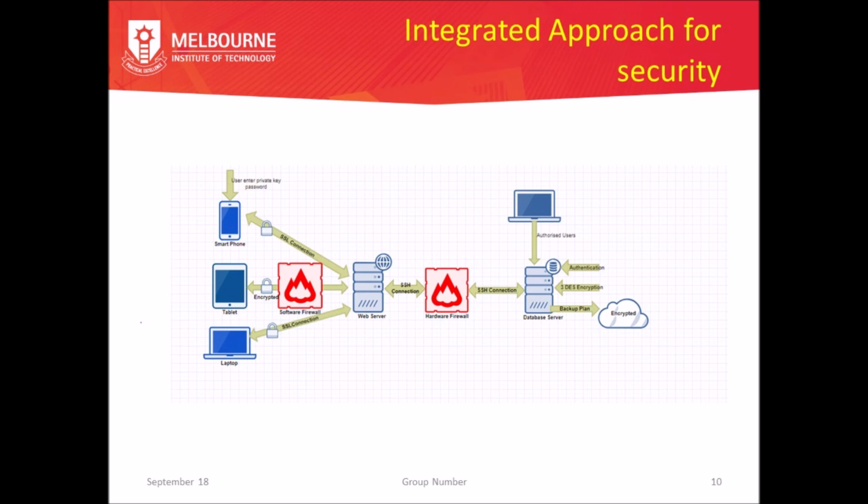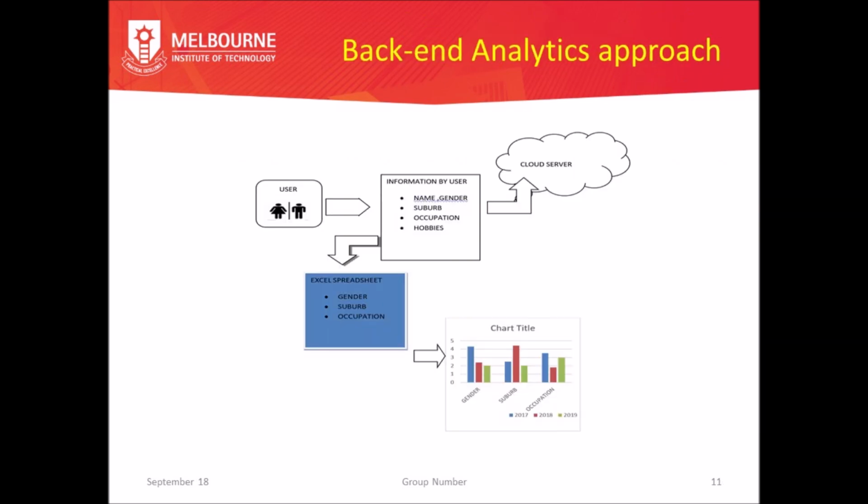Here we are to explain the backend analytic approaches, and how they work. Suppose first the user comes up and gives basic information about himself: name, gender, suburb, occupation, or hobbies. This is fundamental information which is saved on the cloud server, and it generates an Excel file like a CLV spreadsheet.